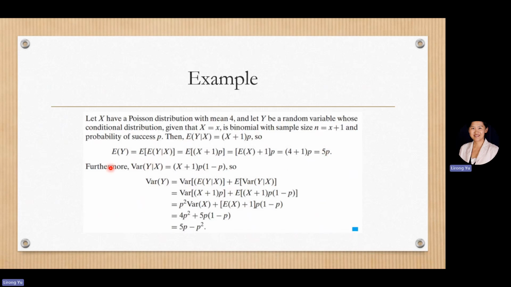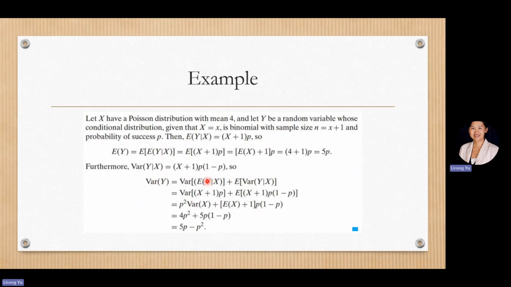So how do we do it? First, we can find the conditional variance for Y given X, because Y is a binomial distribution. The variance of Y will equal npq, so n equal to X plus 1, p, and q is 1 minus p. So that is the conditional variance. So what is the variance itself? Variance equals the variance of the conditional expectation plus the expectation of the conditional variance.